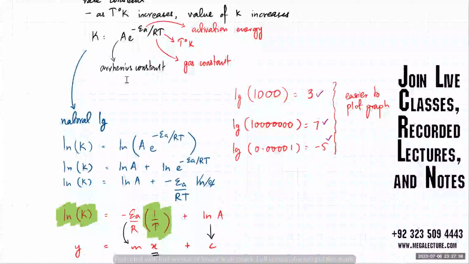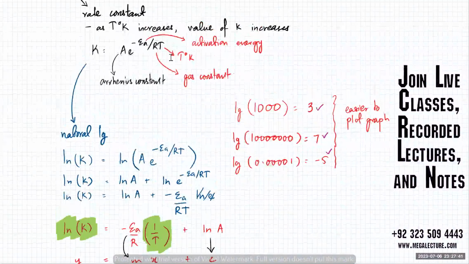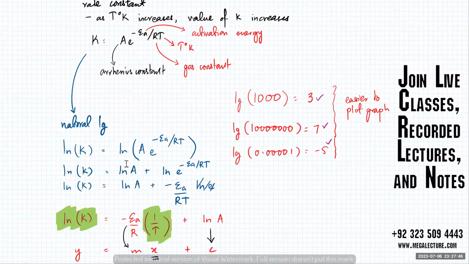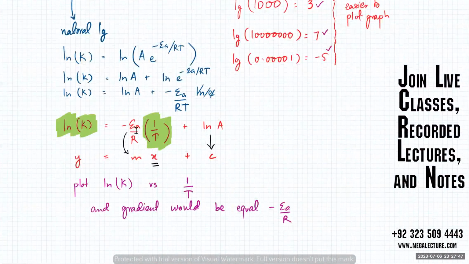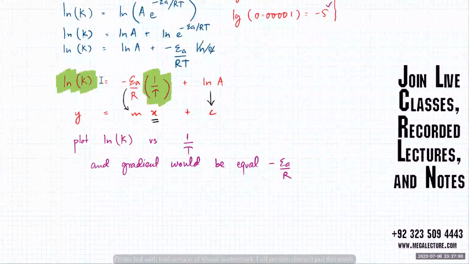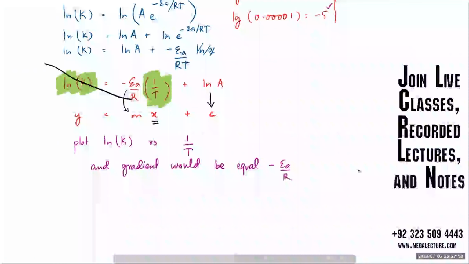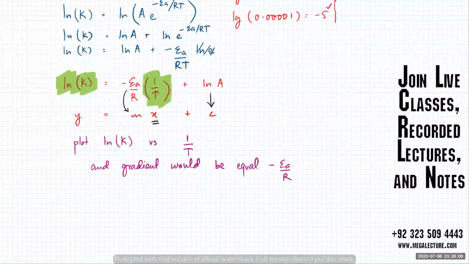And k varies with temperature, right? So if you want to calculate the constants over here, you have this equation in front of you, and let me highlight this equation. Just a second.